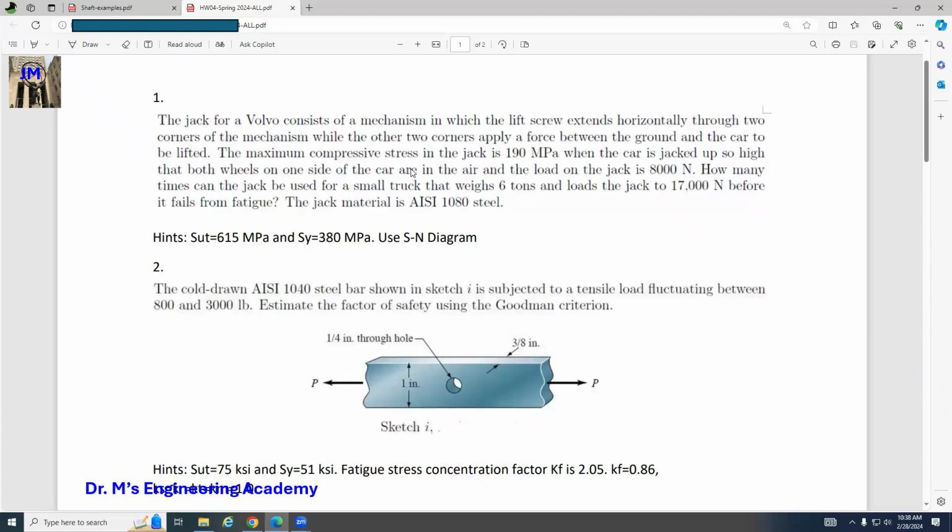Assume the flywheel is a solid disk, made of low carbon steel, and the thickness equals 1 inch.